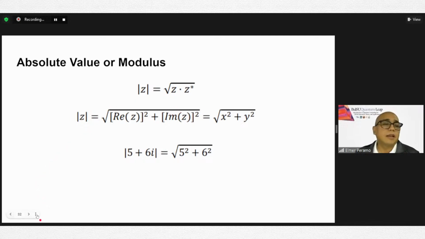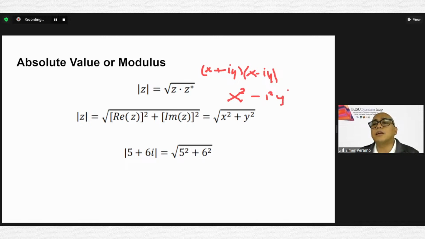Let me just illustrate that with a pen. To illustrate this example, you have x plus iy. If you multiply that with its conjugate, x minus iy, the answer, as a difference of two squares, is x squared minus i squared y squared.